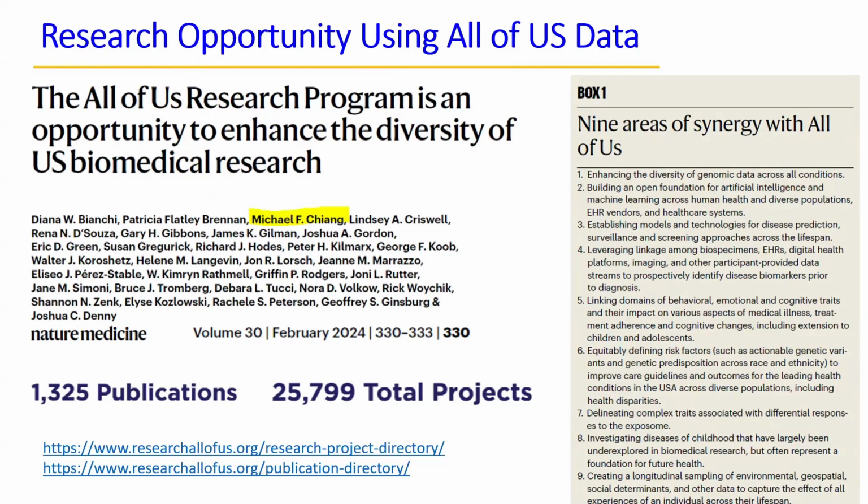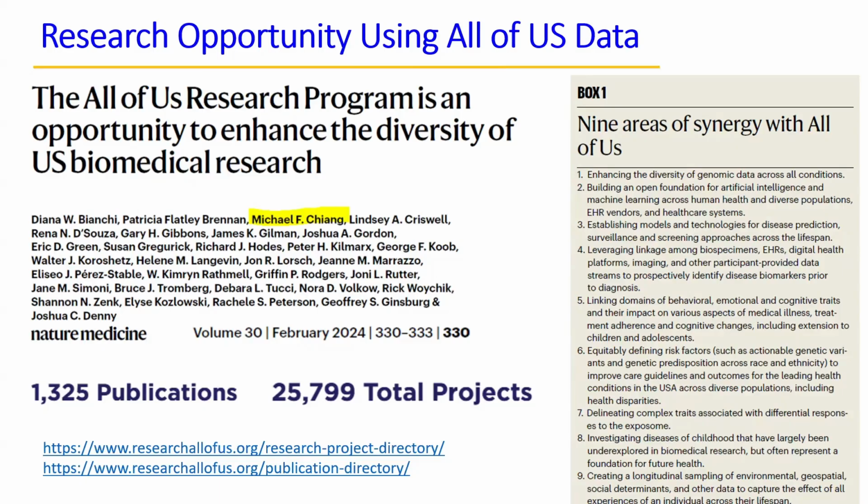They talk about nine different areas where you can use this data, including how genomics is associated with disease, AI models, or developing prediction models. I will not go through every field, but if you want to use All of Us, I recommend you read this paper. You may find some ideas and use the data for your research.